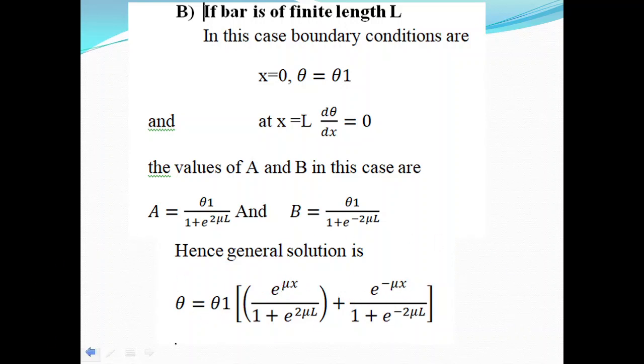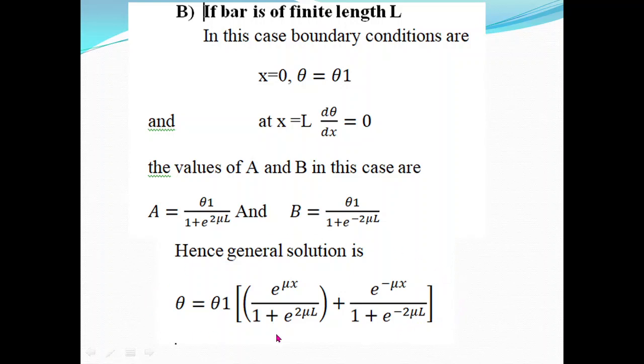That equation now modifies, by putting the values of a and b, to theta equals theta 1 into [e raised to mu x upon 1 plus e raised to 2 mu L plus e raised to minus mu x upon 1 plus e raised to minus 2 mu L].